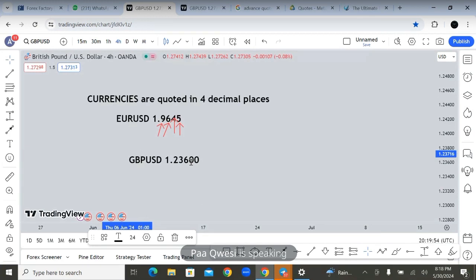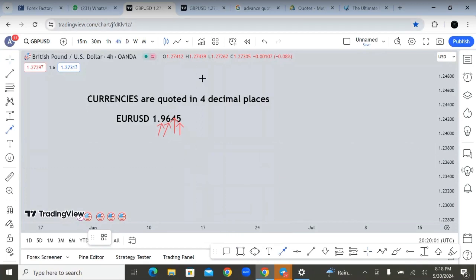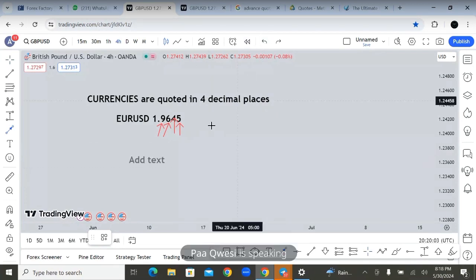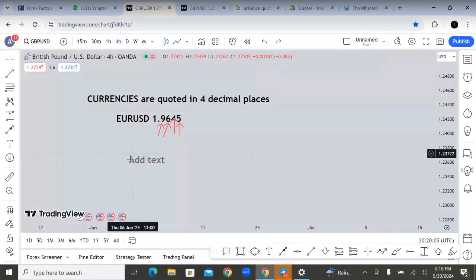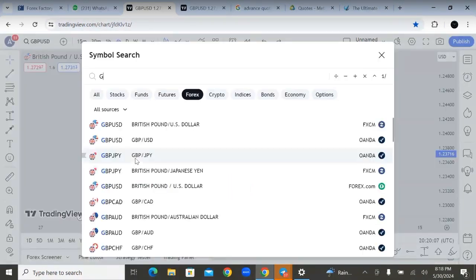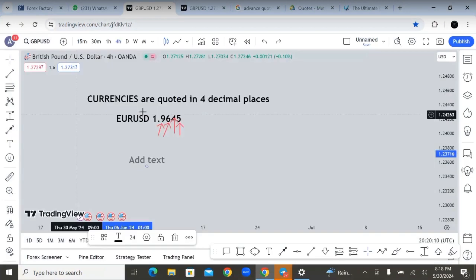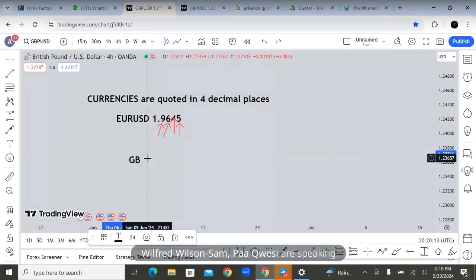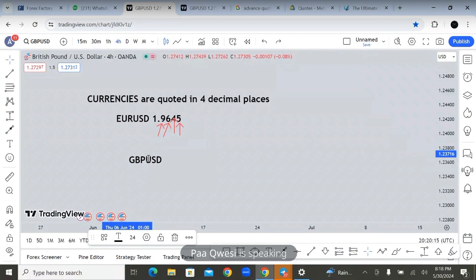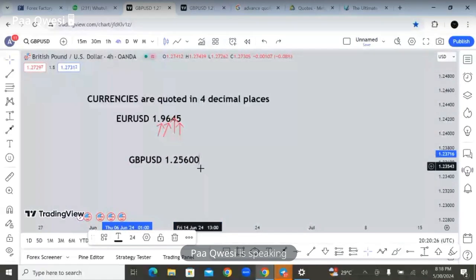So GBP USD is 1.24600. As I said, usually on your broker platform, they are going to quote it in five decimal places, but you are not going to use the fifth number in our calculation.